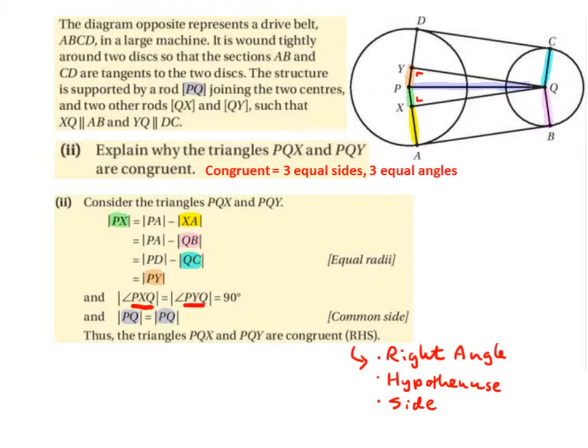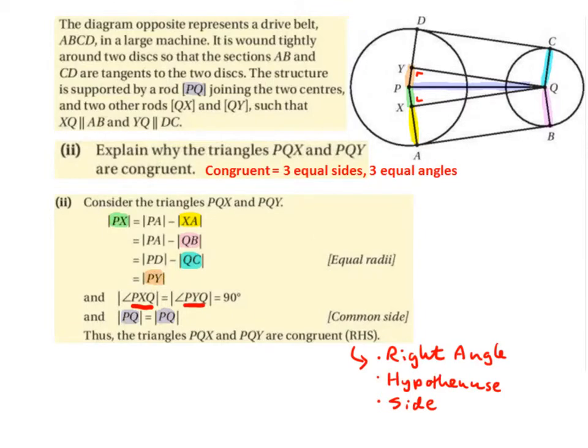So PD goes from the centre of the circle up to D, and QC is from point Q up to C in blue. So PA goes from the centre of the circle down to A, and PD goes from the centre of the circle up to D. So they are equal radii. So therefore, PX in green is equal to PY in orange.